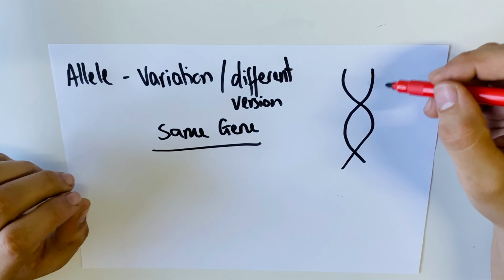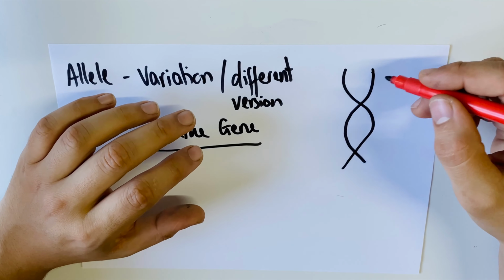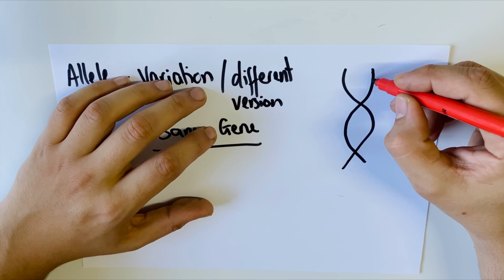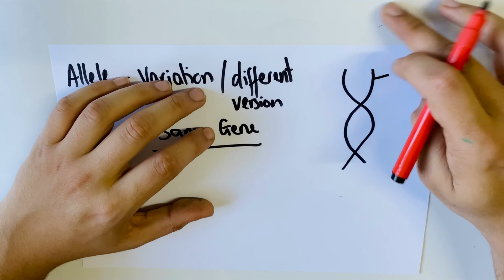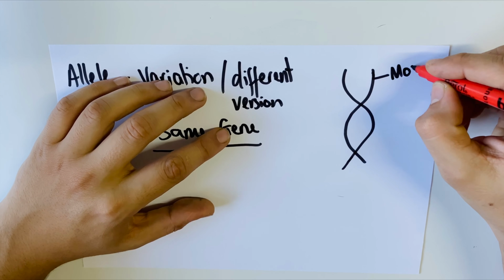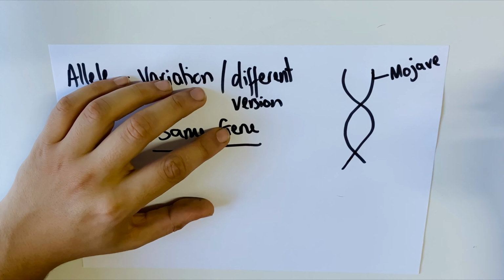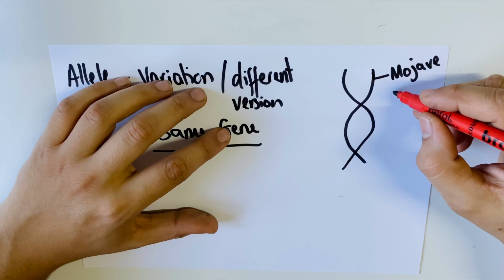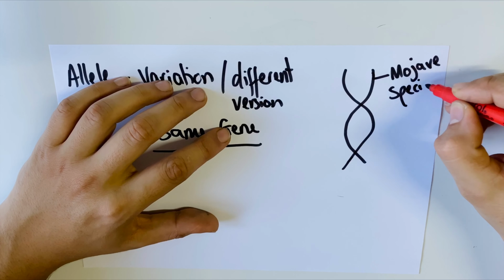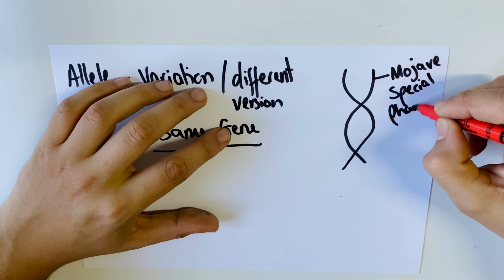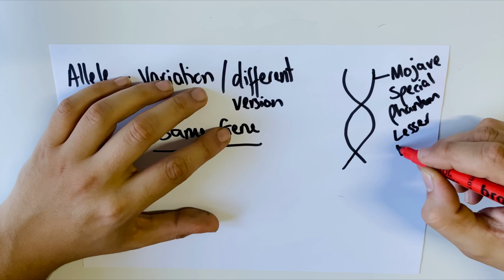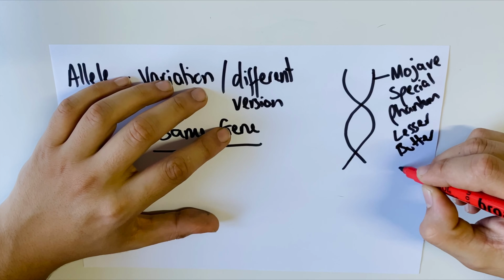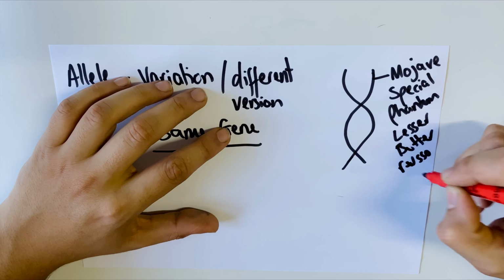So when you look at the location on the DNA, let's say this location here, that is where the gene for Mojave sits. It's also the same place where special sits, phantom, lesser, butter, Russo, and there are some others in that complex.